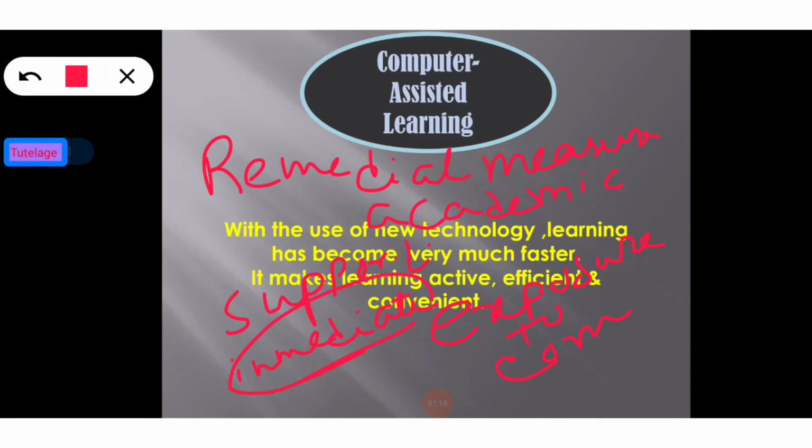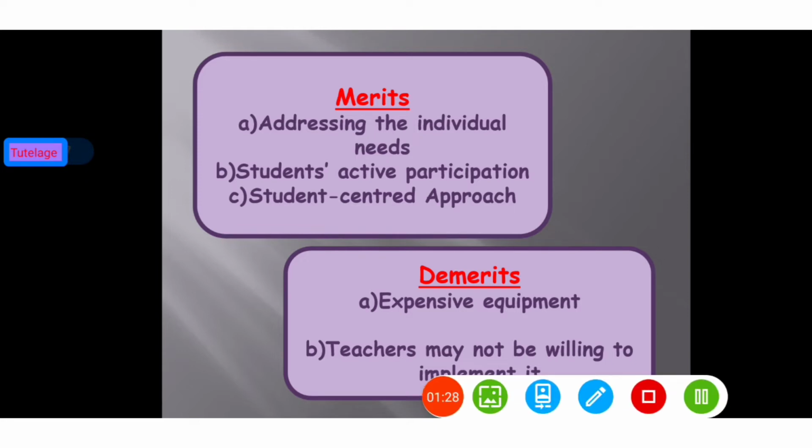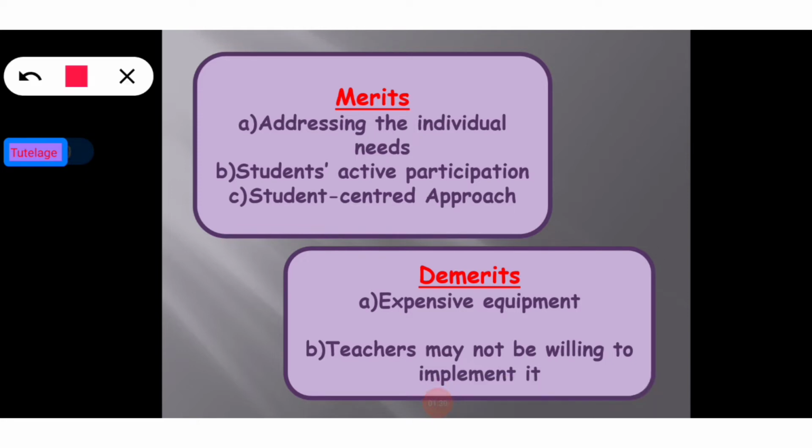Now going to some merits and demerits of CAL. The first merit is it helps to address individual needs. Technology can fill the gaps between the different individual needs of students with learning differences. Learning can be more personalized.